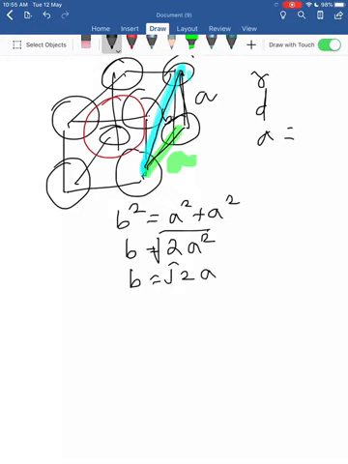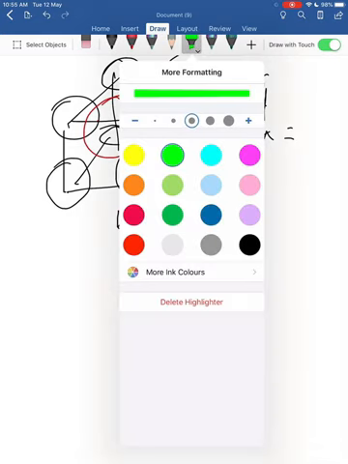So now we know this b, the hypotenuse of this side, is root 2 a. Then after that, if I want to calculate the relationship between d and r, the next part that I'll move on to is this relation.